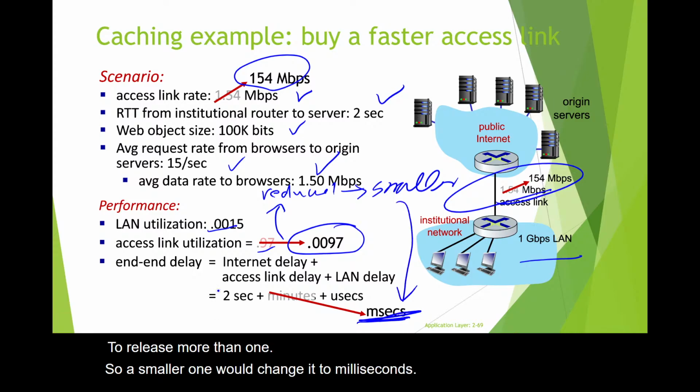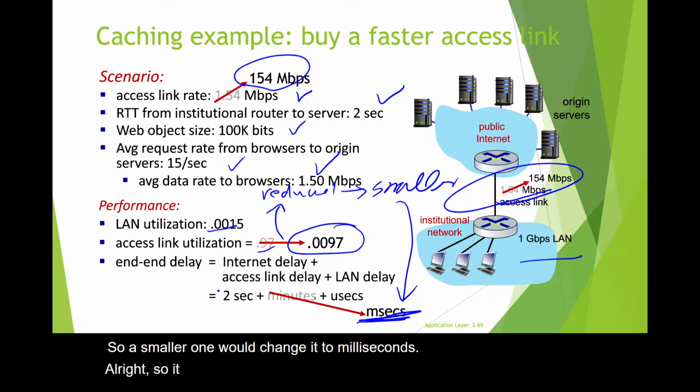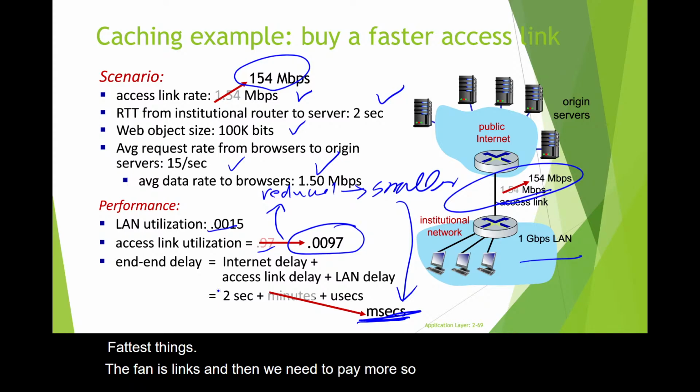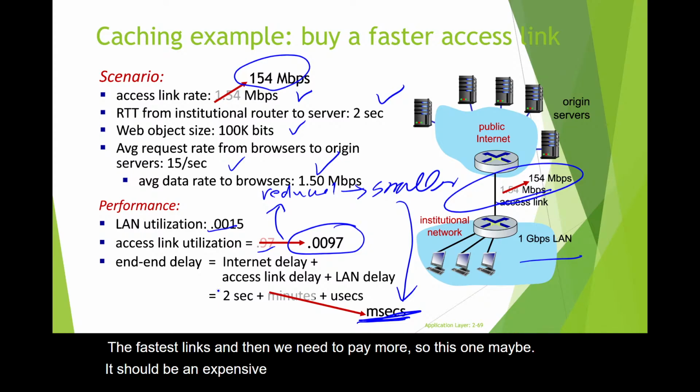All right, so it takes effect, no problem if we can have the fattest links. The fattest links, and then we need to pay more. So this one, maybe it should be an expensive solution. So should we use it?